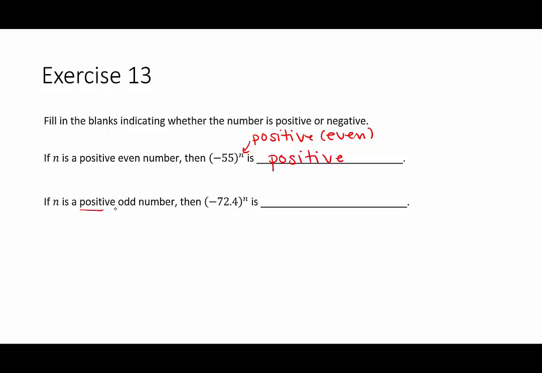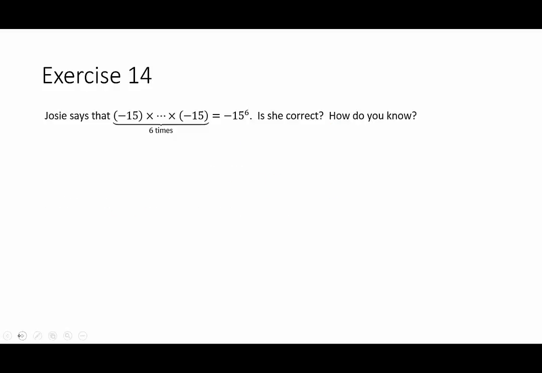If it's positive but an odd number, then this would make this negative base a negative number. So we're really looking at whether the exponent power here is odd or even to determine if the base within the parentheses is negative or positive if the original base inside the parentheses is negative.